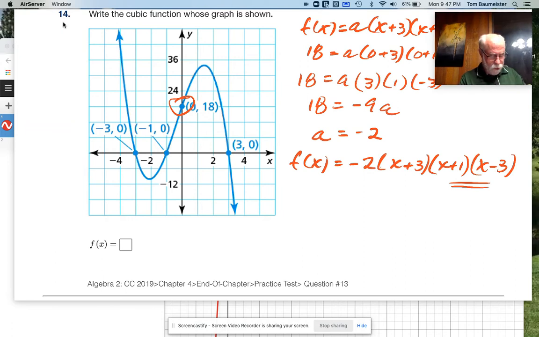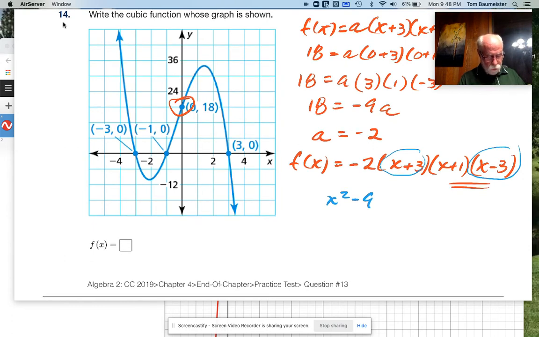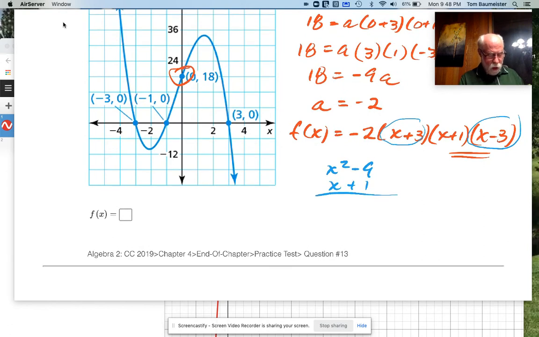The easiest thing to do is to take these two because they are differences of squares. So we can write those as x plus 3 times x minus 3 is x squared minus 9. And then we're going to take our x plus 1. You're going to have to leave some room here because you need to think. So I have 1 times negative 9 is negative 9. I don't have an x term there, so I'm going to put a 0x there.